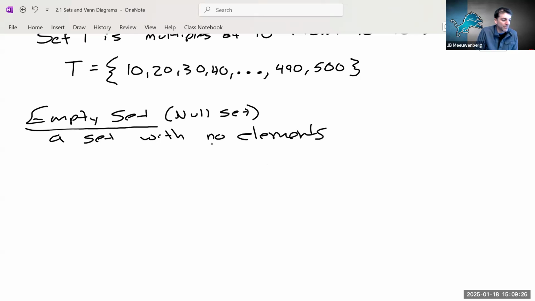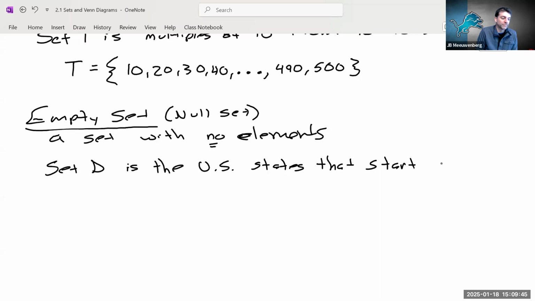So it's a set with no elements. So let's say set D is the US states that start with the letter E. There are no states that start with the letter E. So we would say set D is equal to, there are two different ways we can do it.